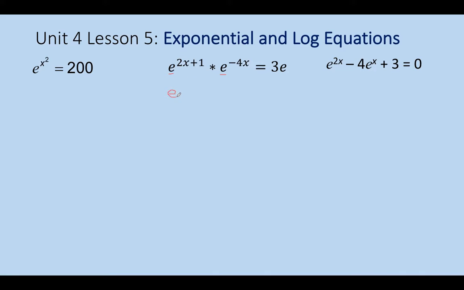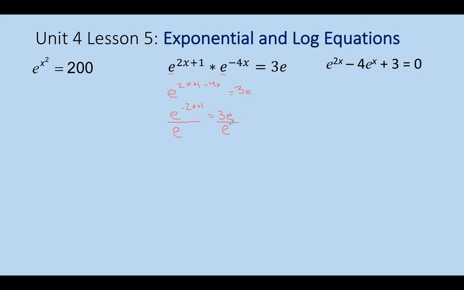So this would be the same thing as saying e to the 2x plus 1 plus negative 4x, or minus 4x. When I simplify this exponent, 2x minus 4x is negative 2x, so negative 2x plus 1 equals 3e.